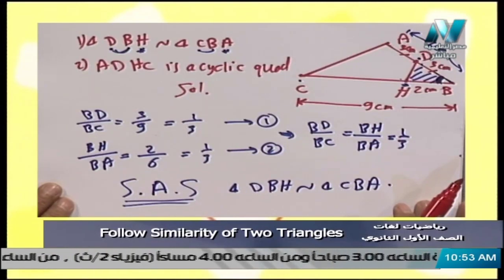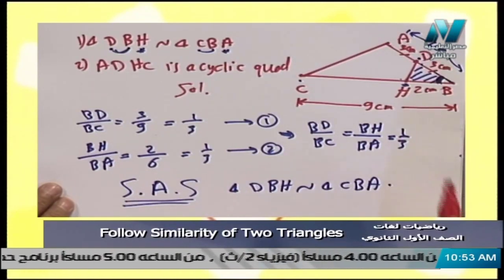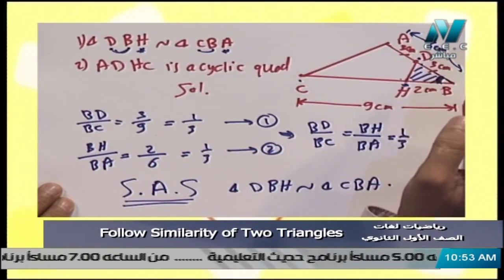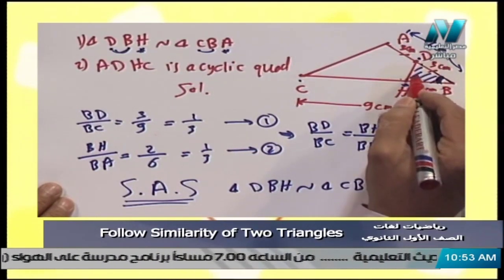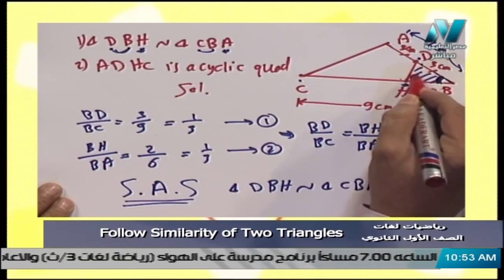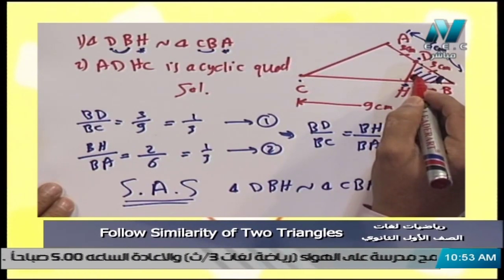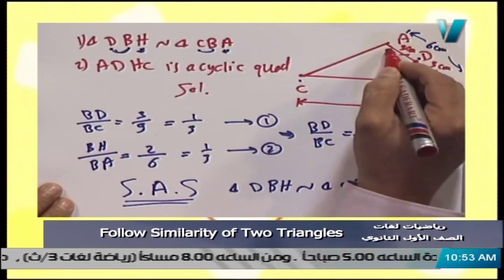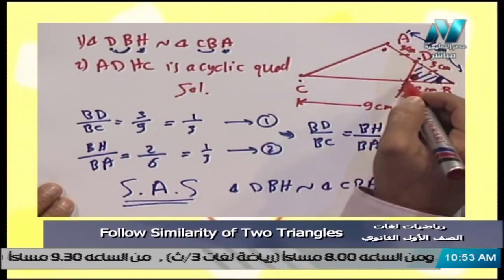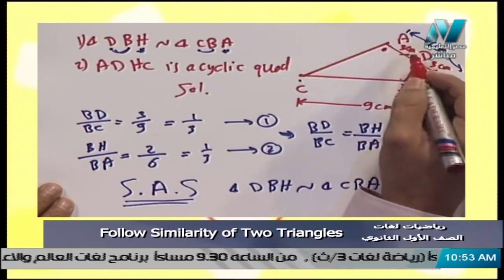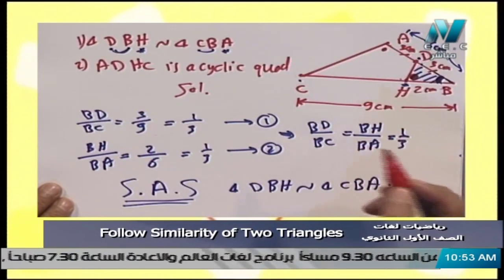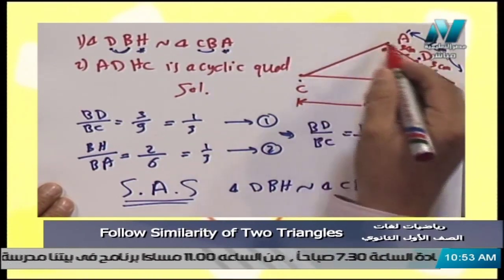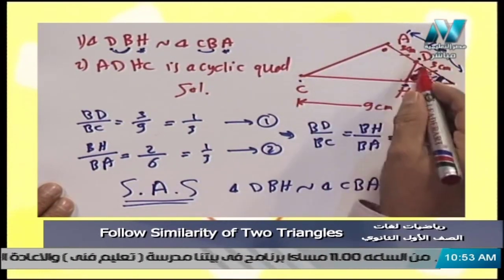In third preparatory, second term, we studied the cyclic quad, and one of the conditions is if we have an exterior angle of the quad at a vertex equal to the opposite interior angle of this vertex, then this quad is cyclic. What is the meaning of cyclic? It means a circle can pass through A, D, H, and C.